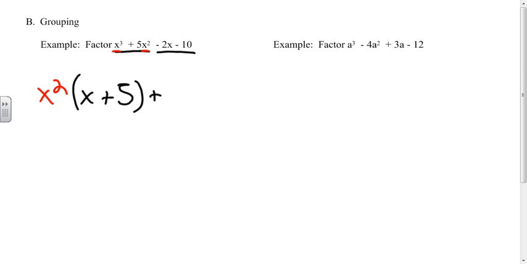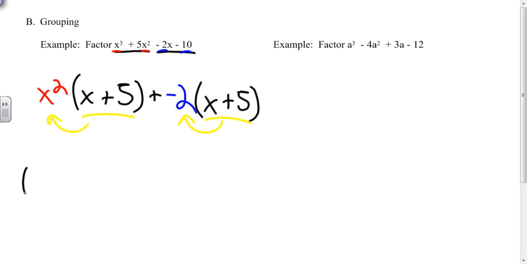Moving on, we can look at our next set. We can take negative 2 out of both of these. And when we do that, that leaves us with an x, and 10 divided by negative 2 is plus 5. Now from here, we notice that we have x plus 5 in both instances, and we have x plus 5 being multiplied by x squared and by a negative 2.